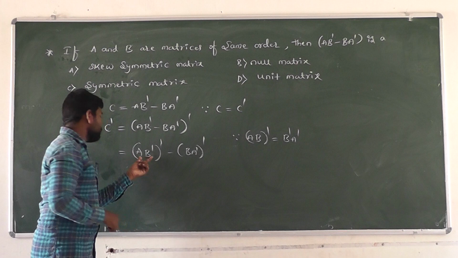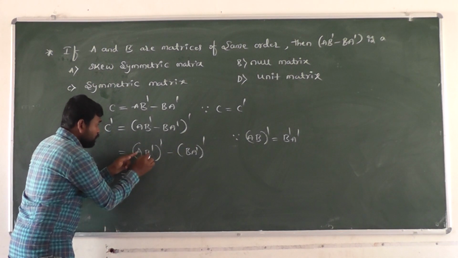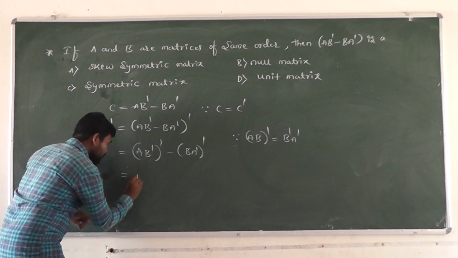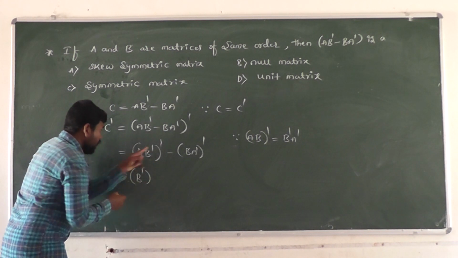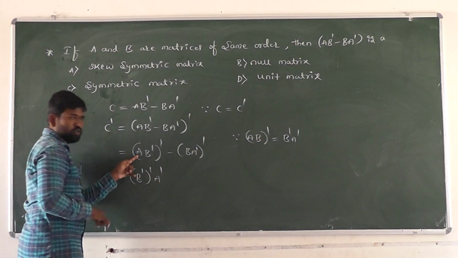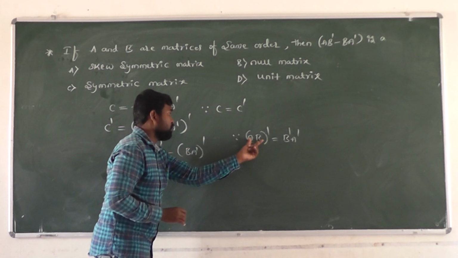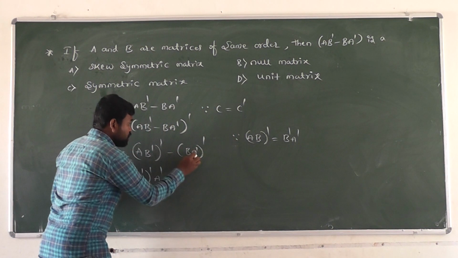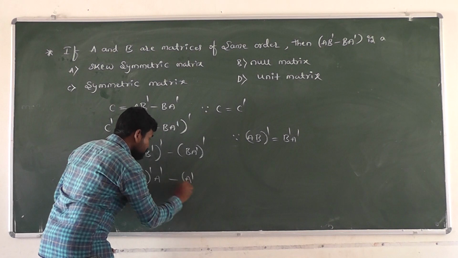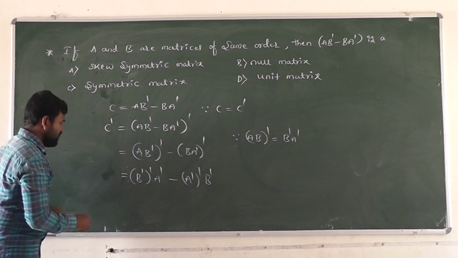So A B transpose whole transpose is equal to B transpose whole transpose into A transpose minus, similarly, using this property, B A transpose is nothing but A transpose whole transpose into B transpose, right?